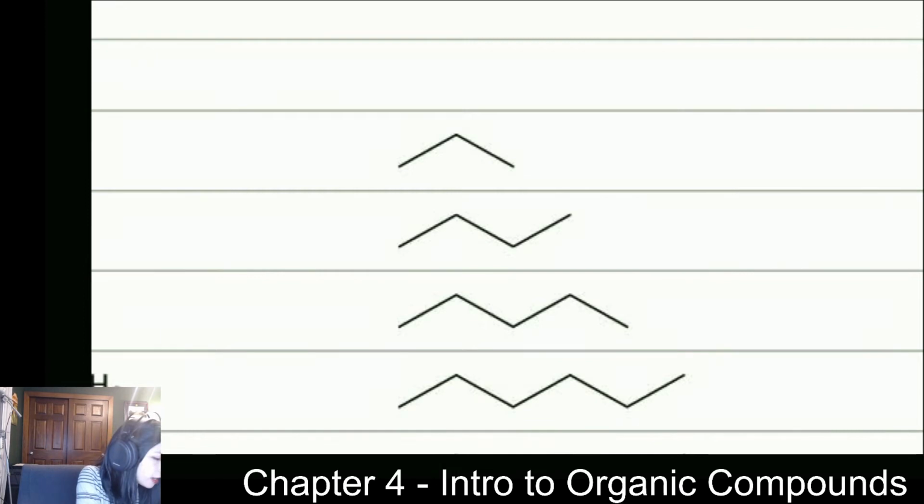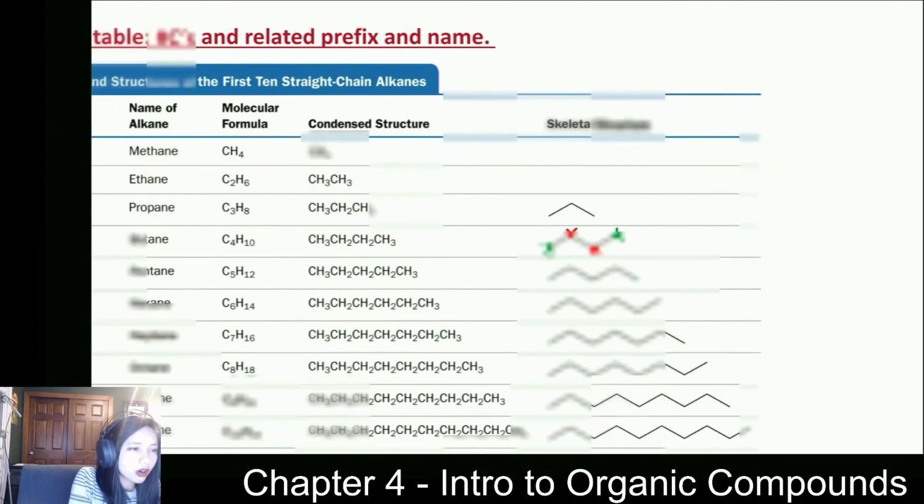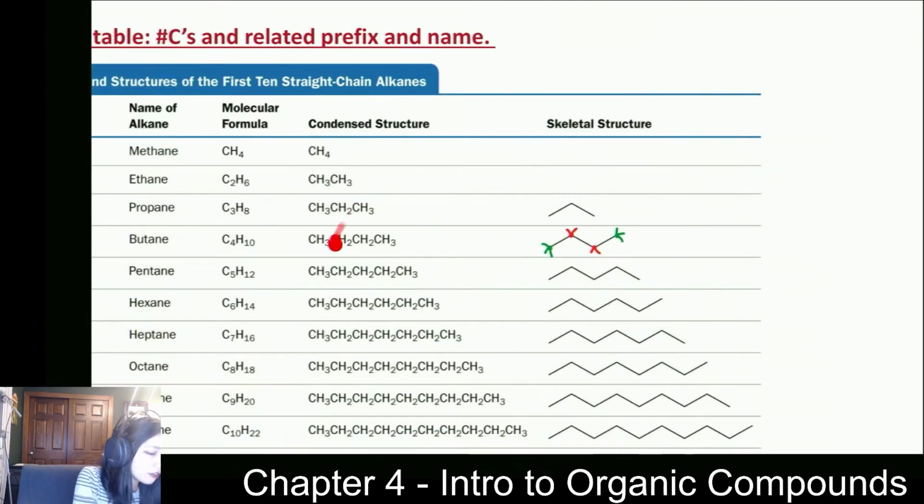So typically if a carbon's on the end, it needs 3 other hydrogens. So these two need 3, while a carbon in the middle only needs 2 hydrogens. So from there, as long as you know the carbon chain length, you can back figure out what the condensed structure is and then what the molecular formula is, so just the number of carbons and hydrogens.